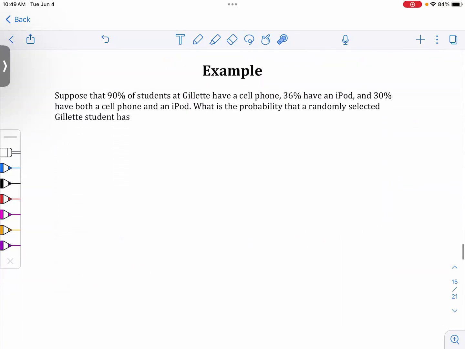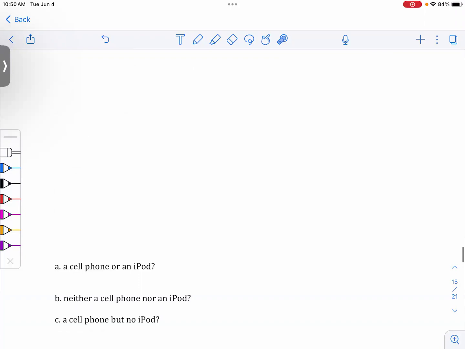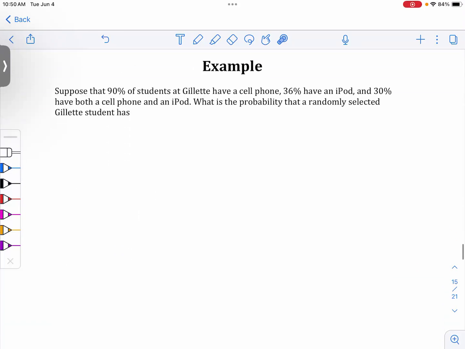All right, let's look at an example. Suppose that 90% of students at Gillette have a cell phone, 36% have an iPod, and 30% have both a cell phone and an iPod. What is the probability that a randomly selected Gillette student has...? And then we have a bunch of questions. So the primary idea here is, before I even bother with the questions, I identify my information and then draw a picture.